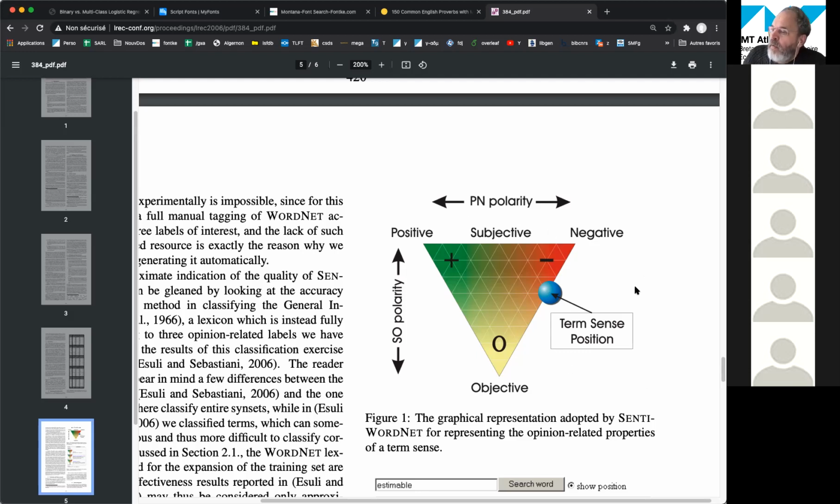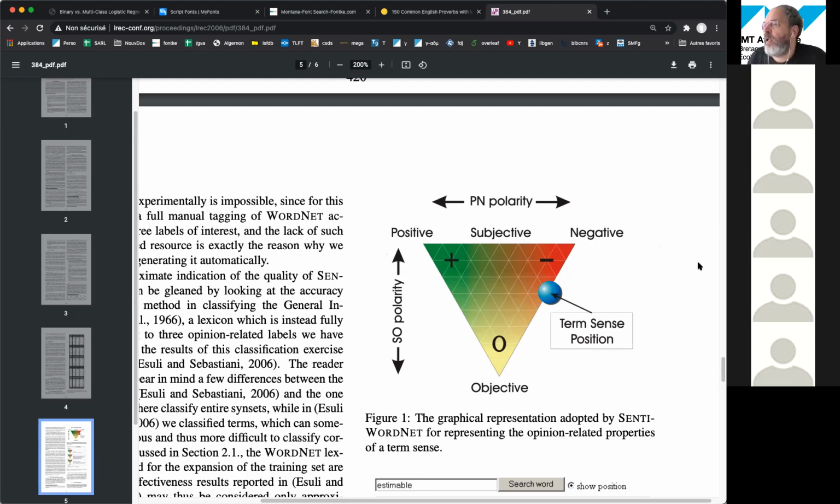And what SentiWordNet is doing, it's taking a lot of words and placing them in this triangle as being more or less objective or subjective, and when subjective, more or less positive or negative.